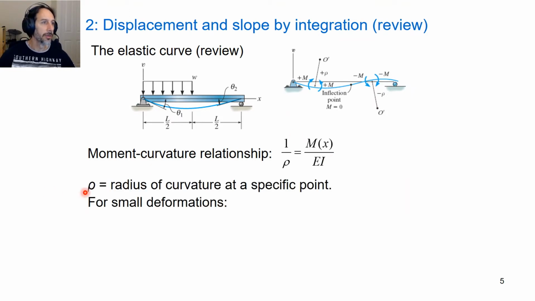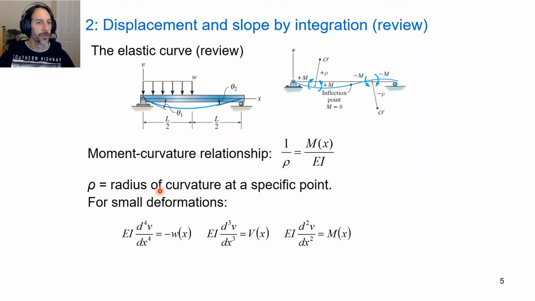Okay, so this rho symbol is the radius of curvature at a specific point, and for small deformations we have these relationships between bending moment. Okay, so you have drawn bending moment diagrams before, and we did a bit of that when we were looking at stresses in previous lectures.